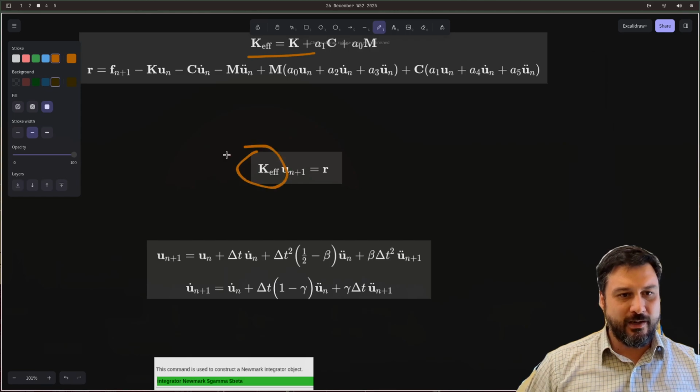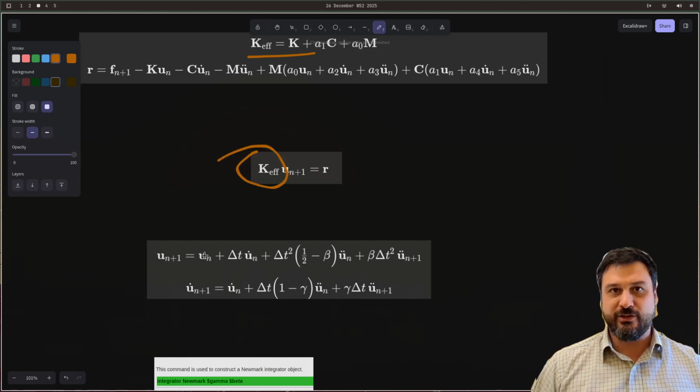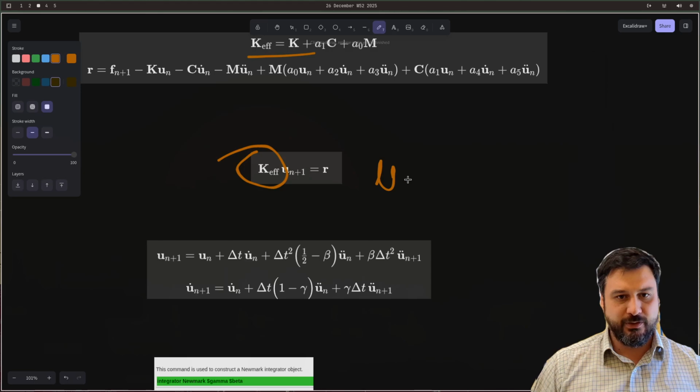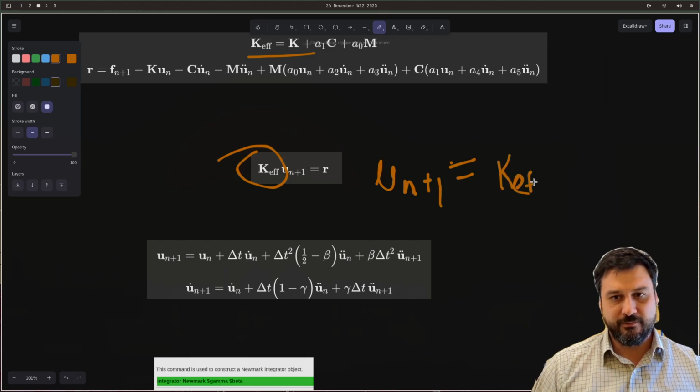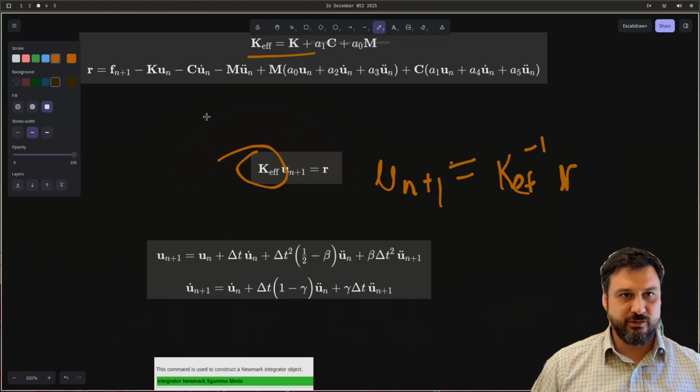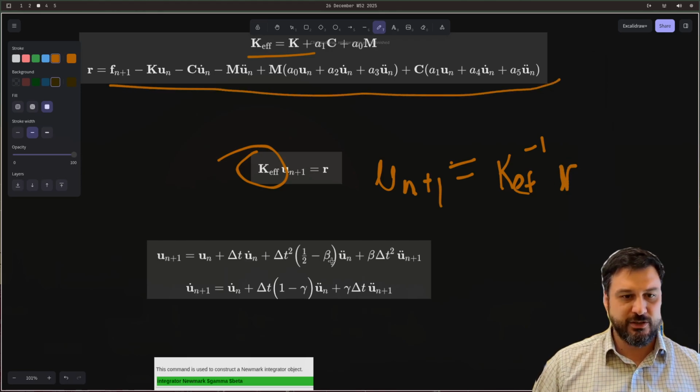So we form a stiffness matrix, and our displacements at the next time step are just computed as u n plus 1 equals your K effective to the minus 1 times R, which is the residual, computed with this huge expression right here.